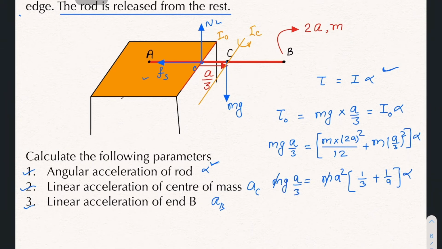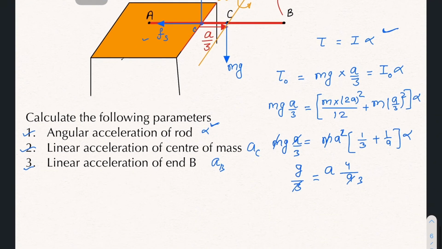Now m will cancel out, one a will cancel out. So g/3 equals 4/9 a alpha. So the value of alpha is basically 3g divided by 4a. This is the value of alpha.